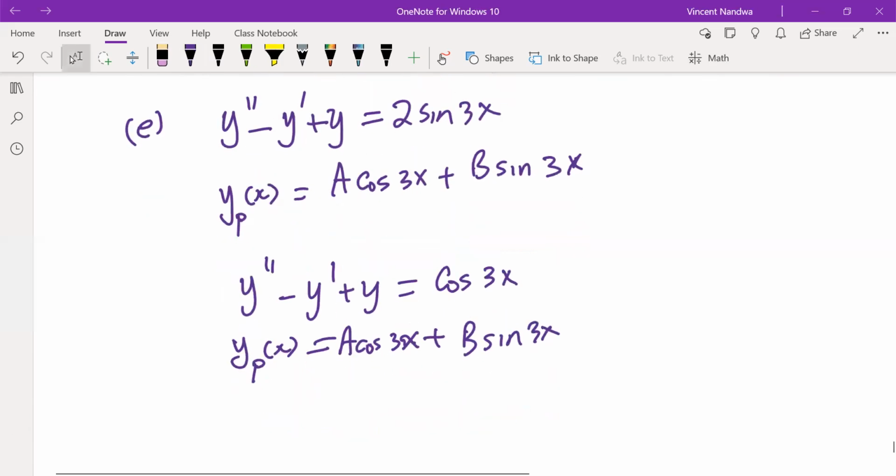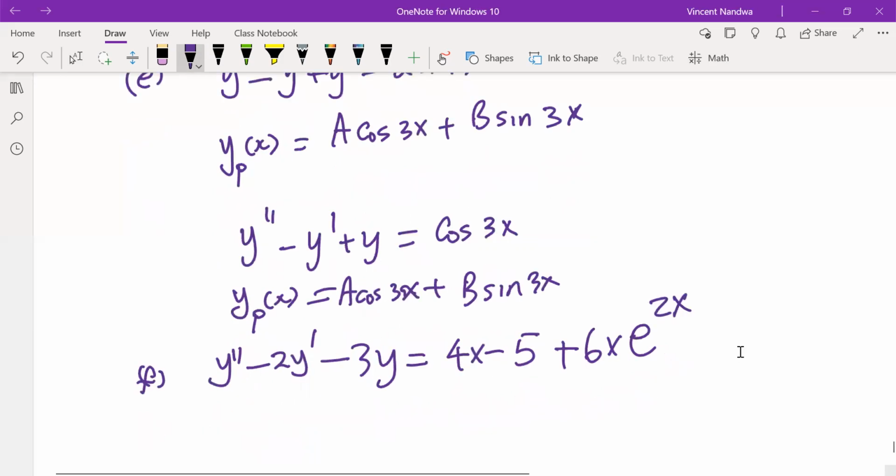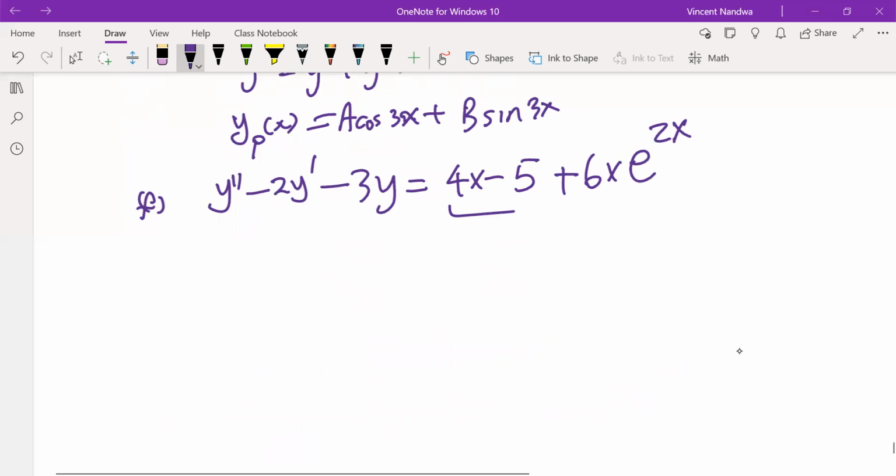Now, if we have, say, y double prime minus 2y prime minus 3y equals 4x minus 5 plus 6x e raised to power 2x. Now here you have to be very careful that the right-hand side, the g of x, is a polynomial, which is linear.